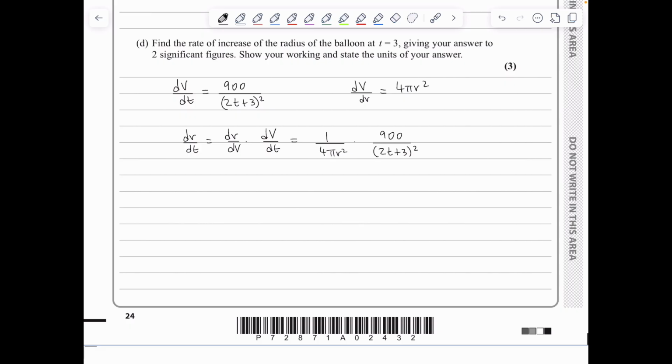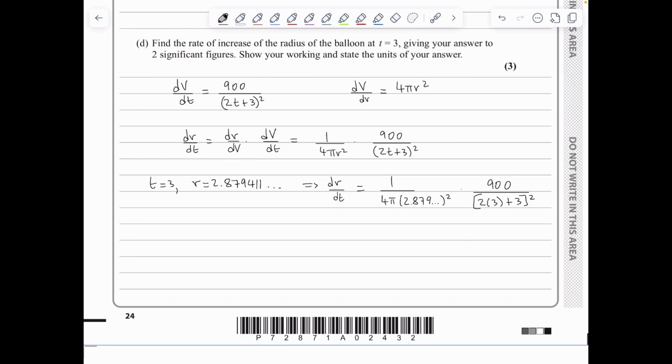Now we know that t is 3 and we found r to be 2.879411..., which means that dr/dt is equal to 1 over 4 pi times this 2.879... squared times 900 over 2 times 3 plus 3 all squared.